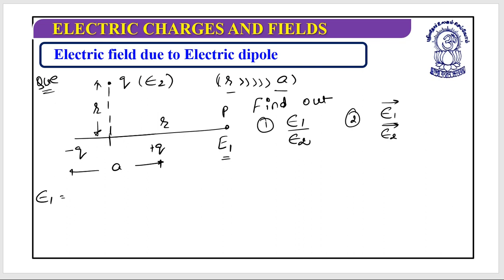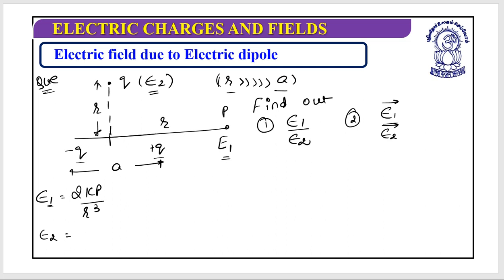Yes, correct, it is an axial position. What would be the electric field due to an electric dipole at an axial position? It would be 2 kp by r cube. That is the electric field at the first location. Now the electric field at the second: this is minus q, this is plus q, and this is the perpendicular point. We say it's an equatorial position.